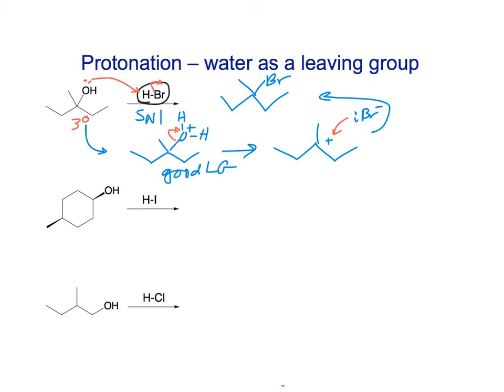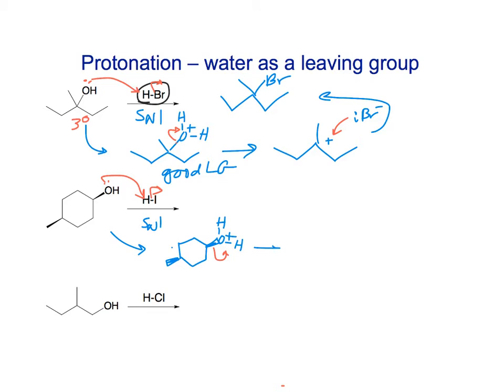All right, let's look at the second example. Now we're using HI. Again, we have a strong acid, protonates the alcohol, gets us to here, and for a secondary center with a weak nucleophile, we're again going to go by an SN1 mechanism.